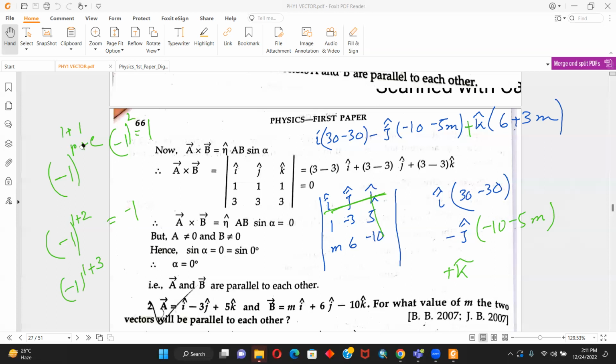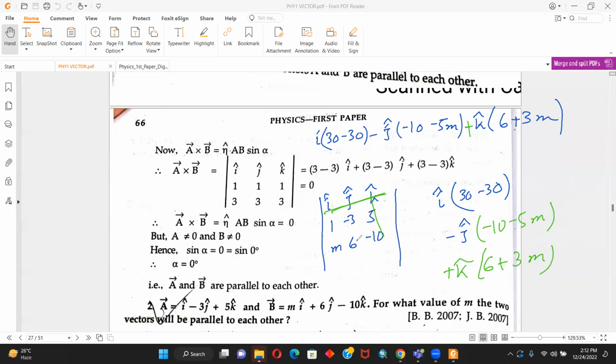This is how the minus and plus signs are obtained. Just for the timing, remember that for k it will be plus. So we will get 6 plus 3m. Very good, you are not making this mistake. I used to make these mistakes a lot at the very beginning. So your equation is almost correct, other than that plus sign.